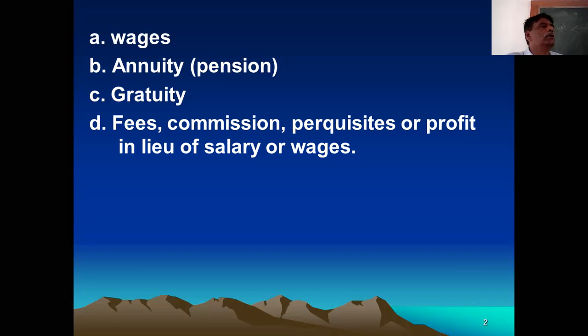Perquisite is a benefit, an additional advantage given to the employee, benefits given to the employee in the form of cash or kind. That is called perquisite in general. Next, advance salary. If you receive the salary in advance, that is taxable.